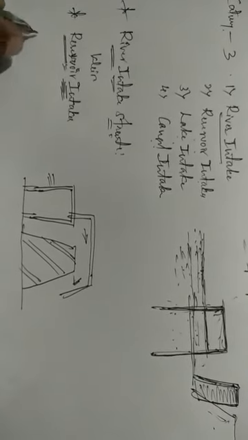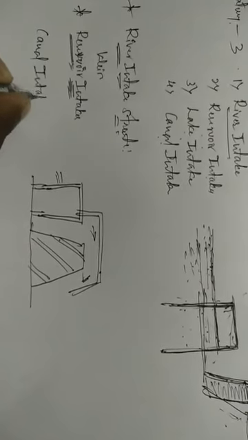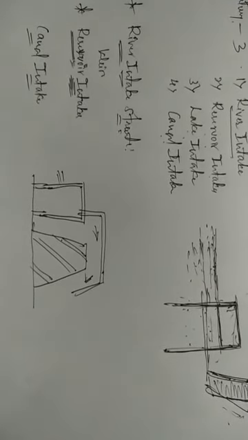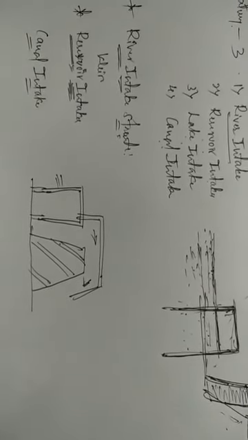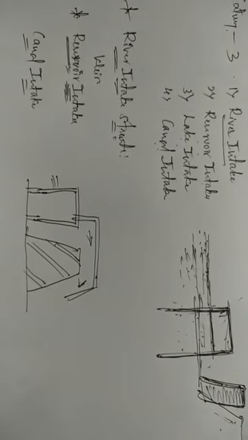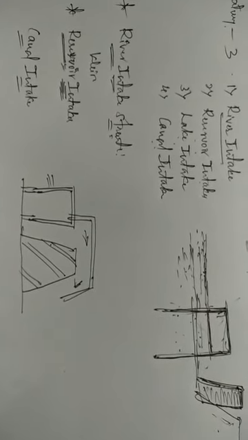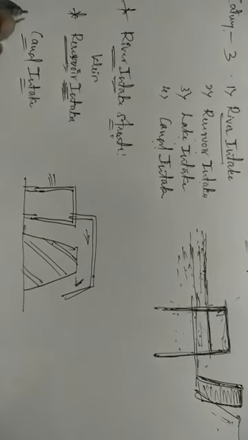Another one is canal intake structures. For irrigation or agriculture purposes, some amount of water should be stored, and that water is conveyed to the water treatment plant. These types of structures are called canal intake structures.